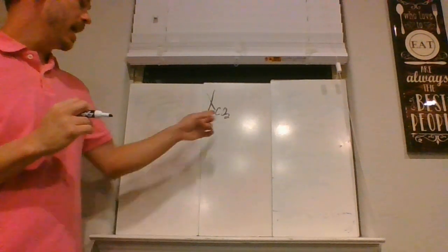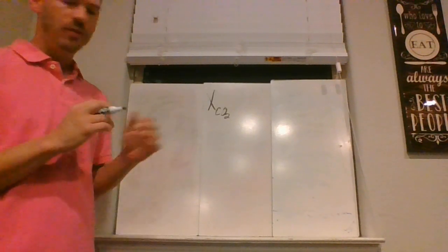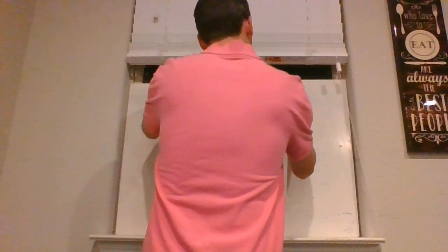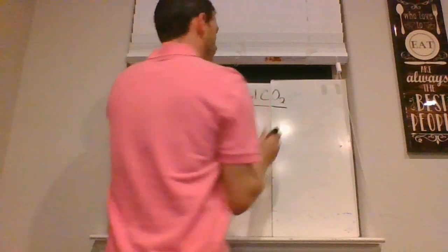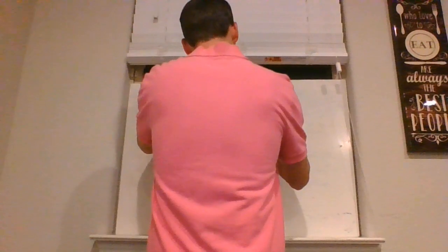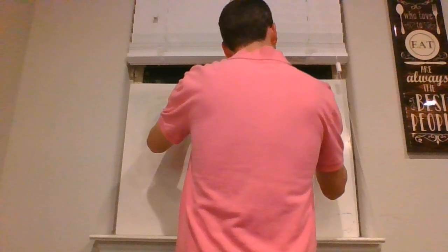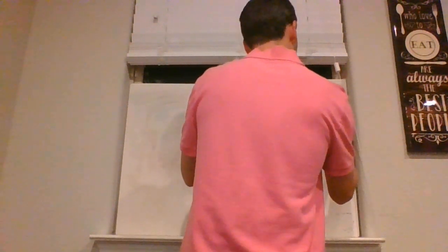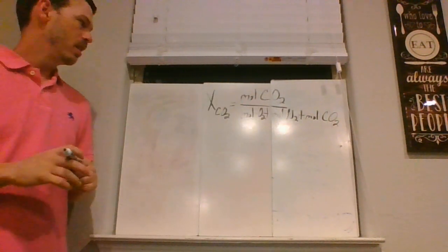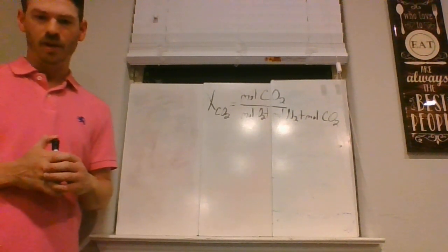To find the mole fraction of carbon dioxide, we need the moles of carbon dioxide over all of the gases, which in this example would be the moles of O2 added to the moles of N2 added to the moles of CO2. Now we have the part over the whole, setting up the mole fraction. Then we would put values in there and assign the different numbers.